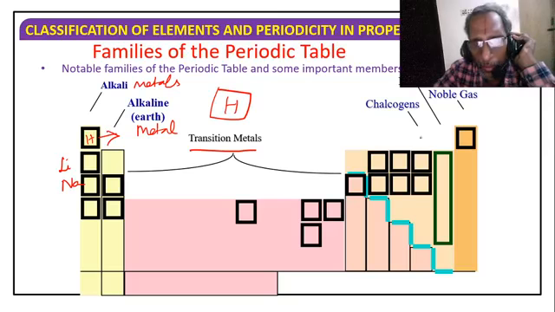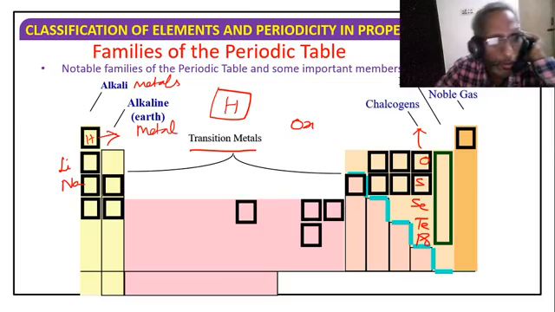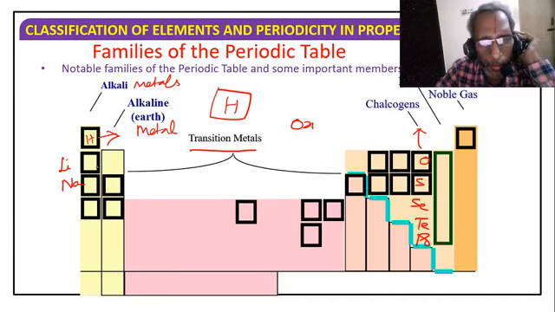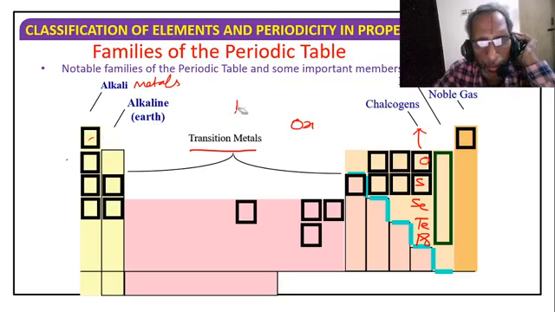Now this is the oxygen group: oxygen, sulfur, selenium, tellurium, polonium. In your book, the long form periodic table is mentioned in the chapter on periodic classification. You can check that.